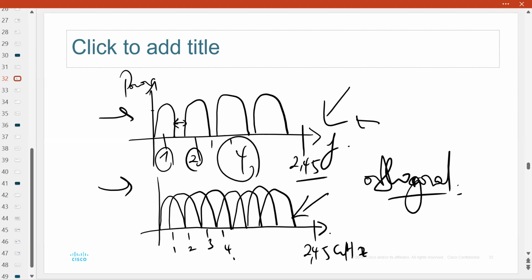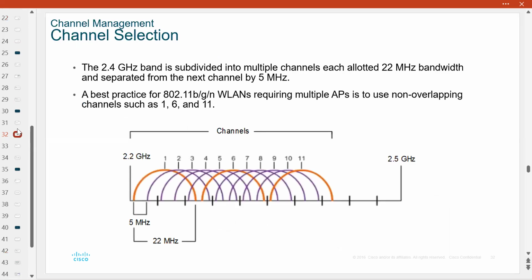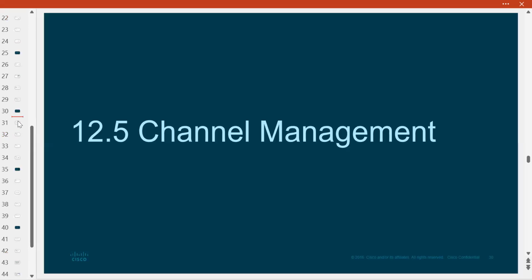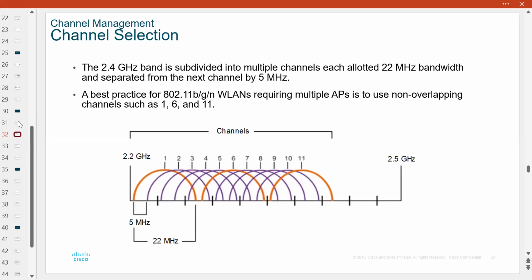Although the channels overlap, we do avoid interference. Right? These are just modulation techniques which are used to avoid or reduce channel saturation. Right, channel selection.